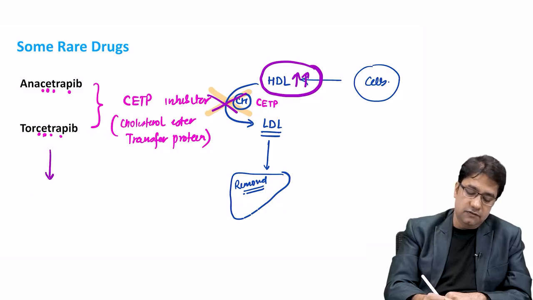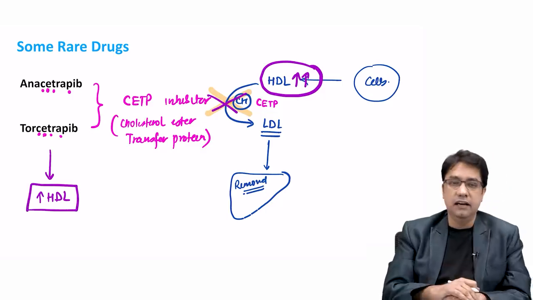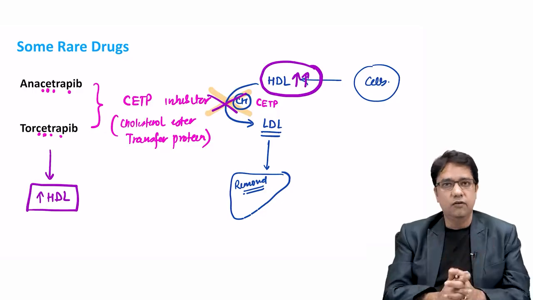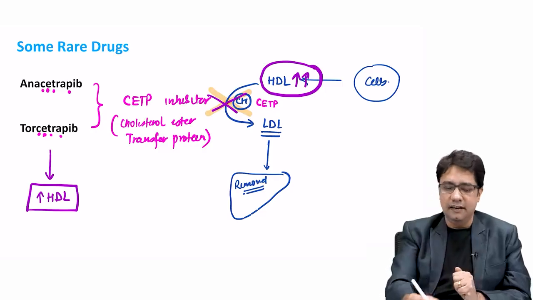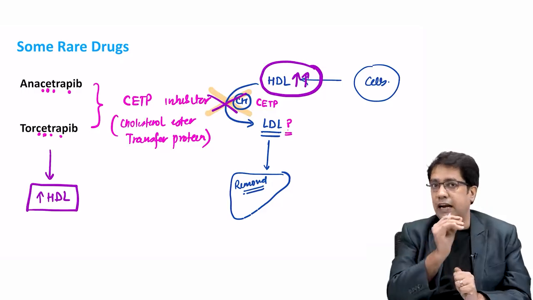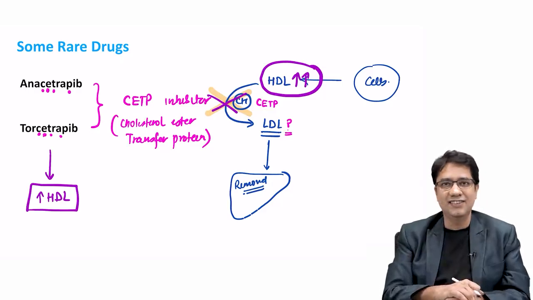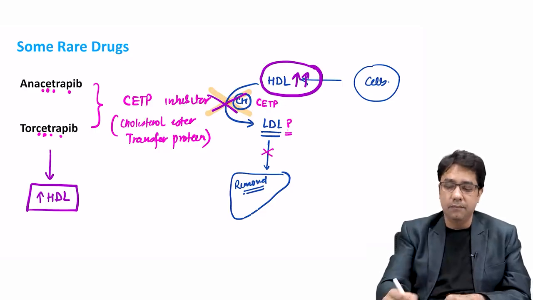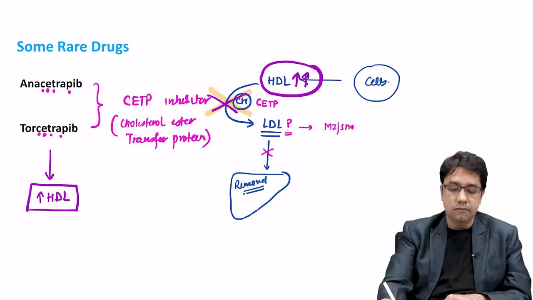So these drugs were made because they were increasing the HDL level in the body. Sir, this is a very good thing. We increase HDL level, but just think for a second. Do you think now the liver will be able to remove LDL from the blood? The answer is no. Now the liver will not be able to remove LDL from the blood and LDL can lead to MI and stroke.